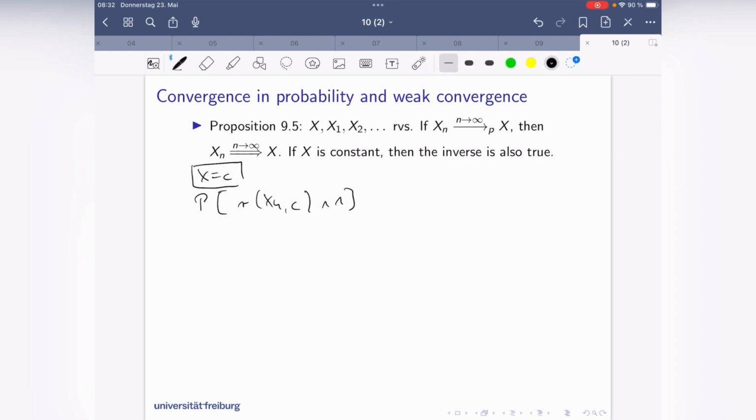And we know for bounded continuous functions, because we have weak convergence, that the integrals converge here, to the integral with respect to c, the distance of c to c minimum 1, which is 0. So it follows that x_n converges in probability to x. Okay.